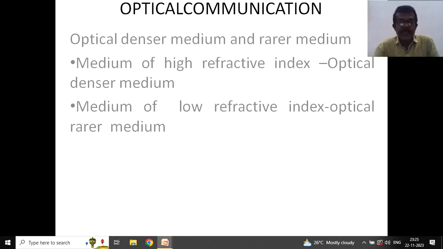Whenever the medium is having high refractive index, we call it an optically denser medium. Whenever the medium is having low refractive index, we call it an optically rarer medium. So whenever you have two mediums, the medium having the higher value is the denser medium, and the medium with the lower refractive index value is the rarer medium.